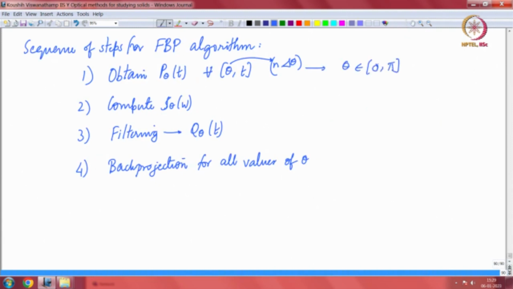Of course, if you have a fan beam the situation is slightly different, and so you back project for all of the theta projections you have, and when you do the back projection you update at some ith pixel location, you update the value with q theta j of x i cos theta j plus y i sin theta j.